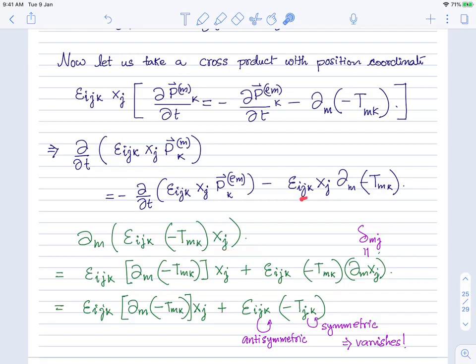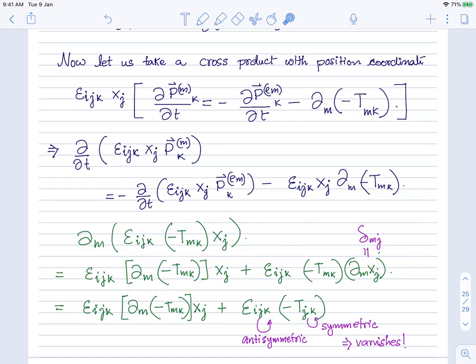If I took this whole thing inside, there will of course be a term where the derivative acts on the Maxwell stress tensor, and that is exactly this term here that we were talking about.